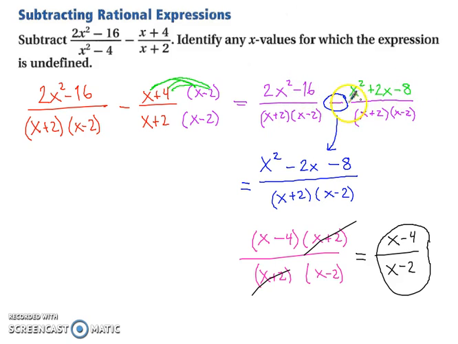So negative 16 minus negative 8 gives you negative 8. Last step here, we can factor this top. So we end up with x minus 4 and x plus 2. Cross out our common factors here, and then that leaves you with x minus 4 over x minus 2.